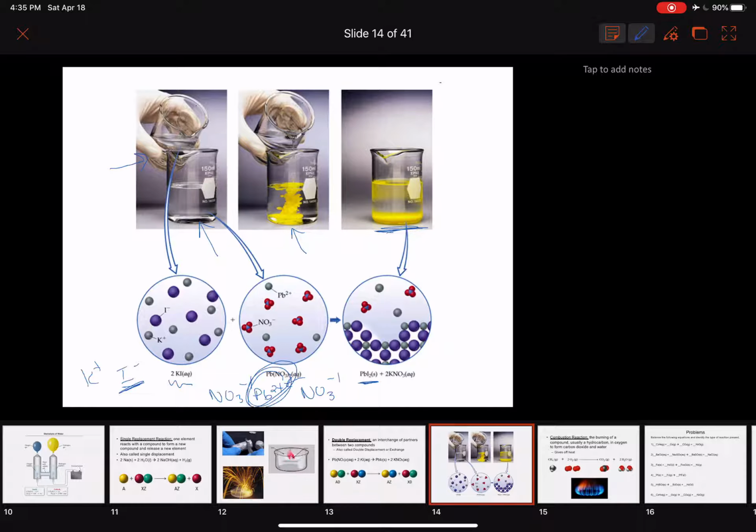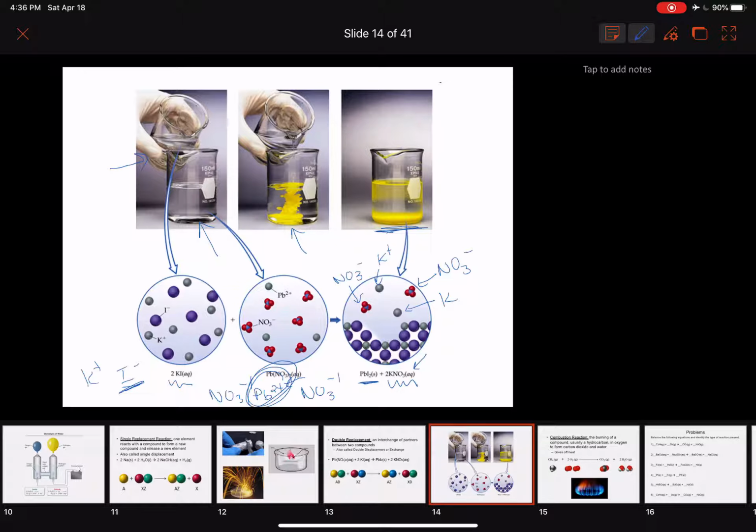Now, you can see that the potassium nitrate still says AQ right there. So that means that we still have potassium, K+, floating around, and we still have nitrate floating around in the solution.